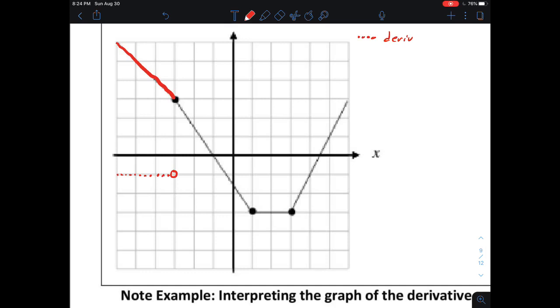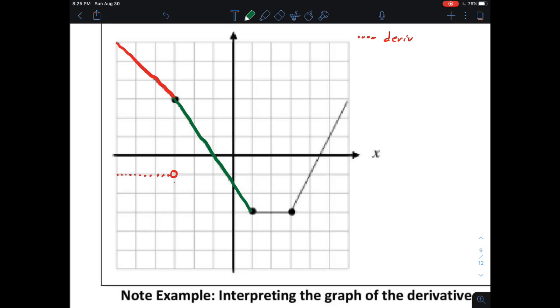Now let's look and see what the value of the derivative is for the next piece. So this next line segment, we'll go find the slope of that line, which is -3/2, so -1.5.